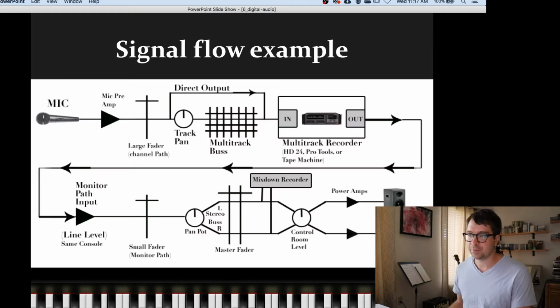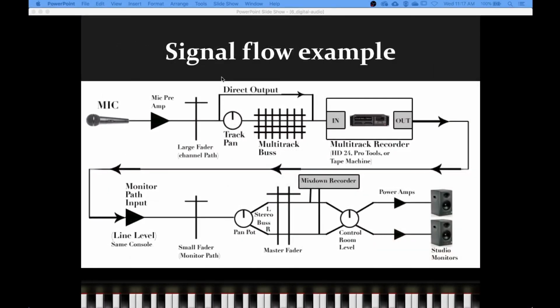Here's an example. So we've got a microphone. Whenever you plug that microphone into anything, there is a pre-amplifier, an analog amplifier that boosts the signal. We have a bus, and we're going into some kind of recorder. Let's call it a tape machine for now, since we're talking about analog.